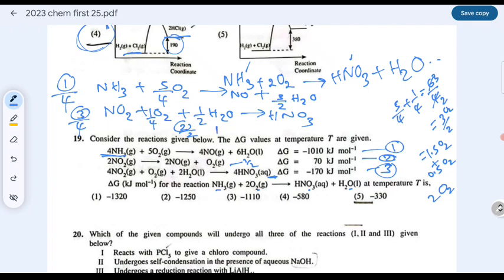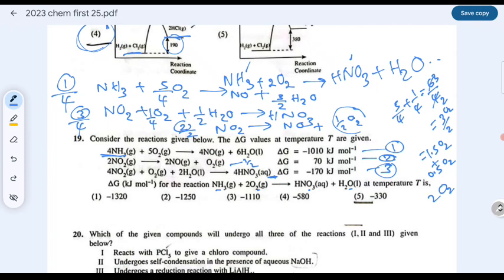Then I get NO2 gives NO plus half O2. But this reaction should go the other way, because here O2 is a product and it should be a reactant.